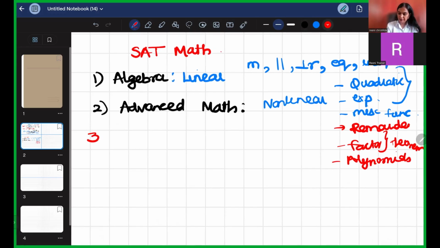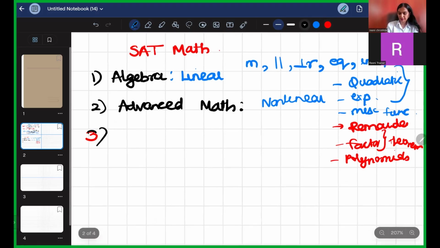And the third topic is problem solving and data analysis. So far, it was lines, equations, and so on. Now you'll be dealing with real life application of concepts.